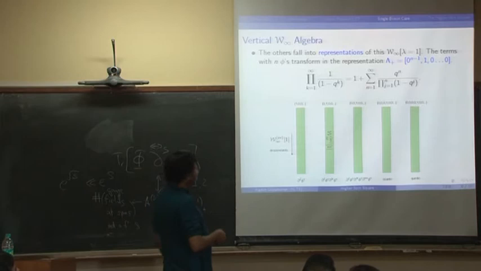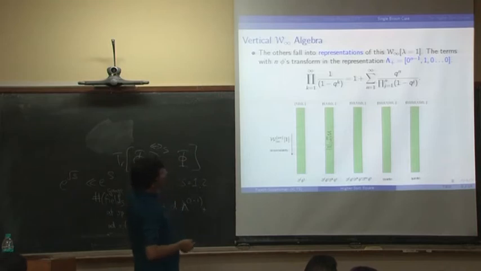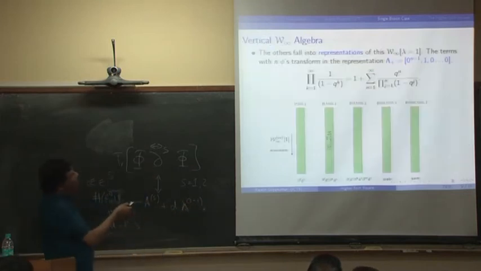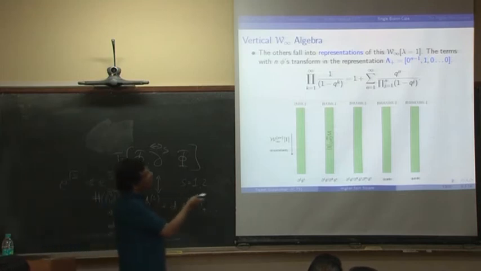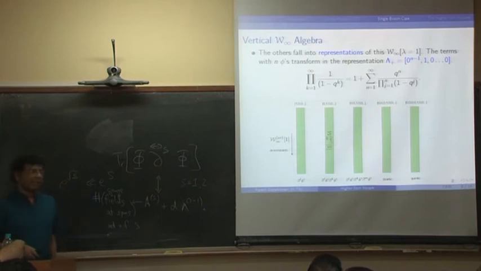But once you try to look at this algebra through the lens of this higher spin symmetry, there's a very nice way you can characterize all the other monomials in terms of this algebra. These other monomials, in fact, transform in very specific representations of this W infinity algebra.